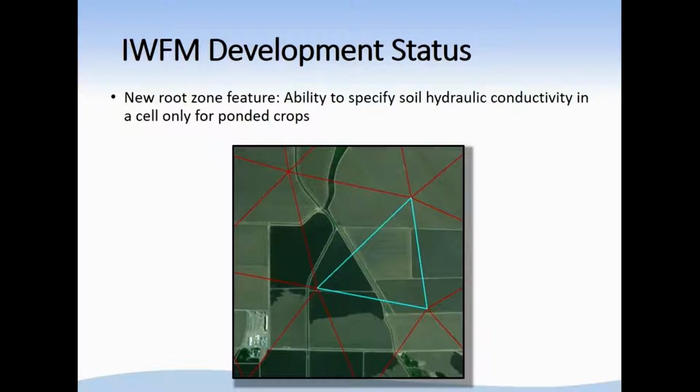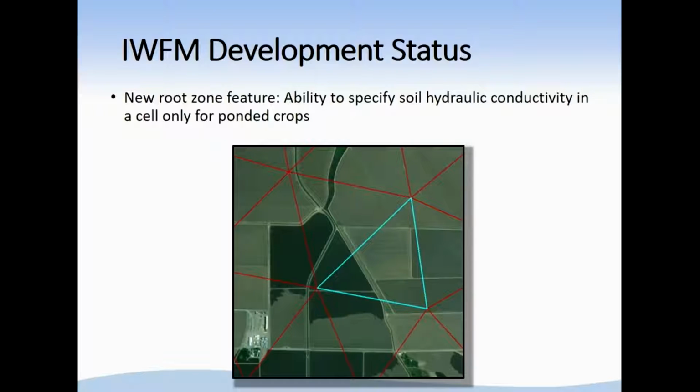And that hydraulic conductivity was being used for all sorts of land use areas in that. So basically, what we were running into problem because for these cells that are partially covered with rice, but with a single hydraulic conductivity, we had to figure out, okay, what kind of a hydraulic conductivity are we going to use?